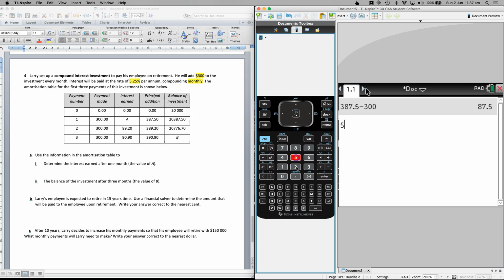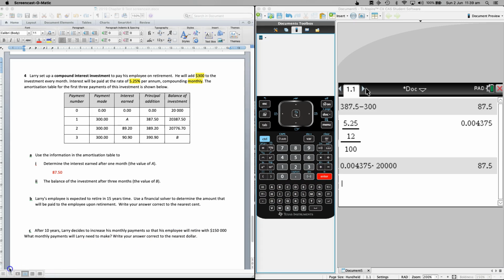So the monthly interest rate would be 5.25 divided by 12 divided by 100. Okay, and then we'd multiply that by 20,000. That would also give us $87.50. I think the first way is easier, but you need to understand how the table works if you're going to use that method.